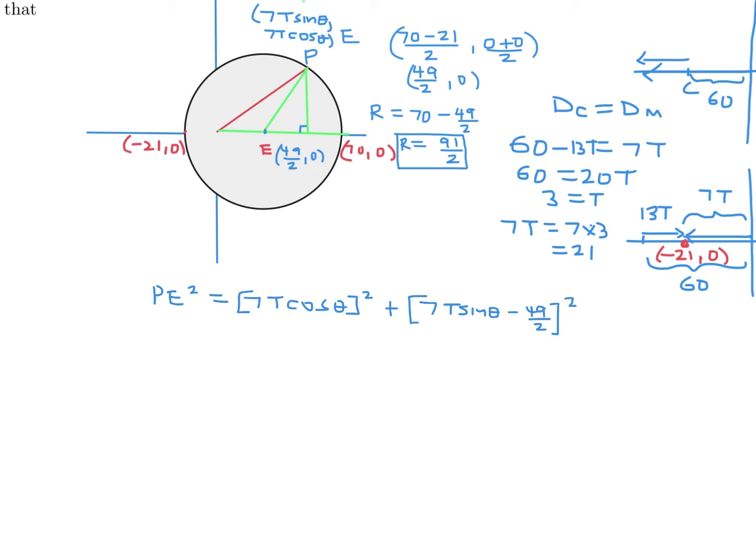Okay, so now we got to expand this. So PE squared. All right, let's make sure we don't make any algebraic mistakes. 49t squared cos squared theta. Okay, so that's pretty straightforward there.